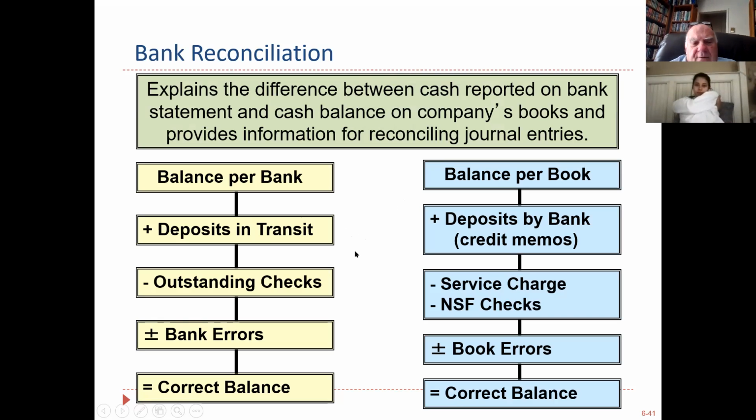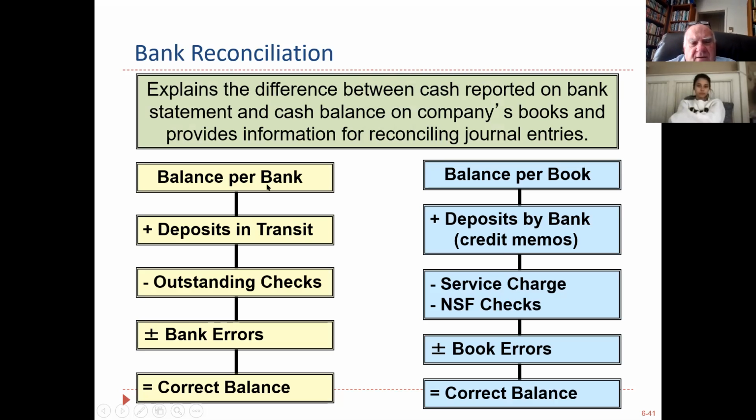Outstanding checks are also a result of timing. These are checks we wrote that have not cleared the bank yet. So on your template, you've got to look at all your deposits in transit and compare them to the bank, cross them both off, and figure out which ones are not on the bank statement.